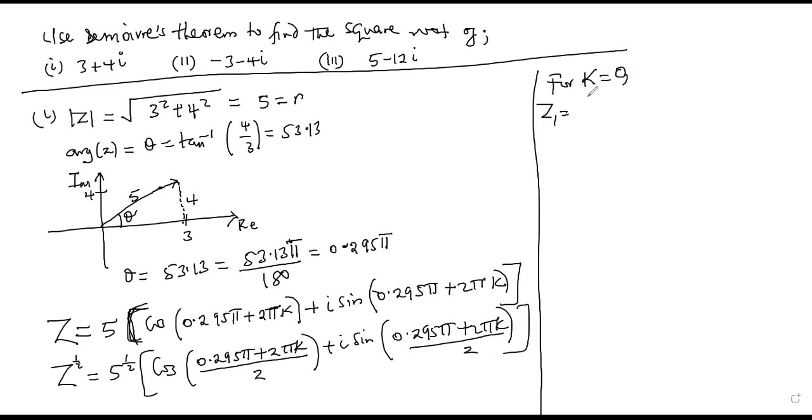So z1 will be equal to 5 to the power a half into cos of 0.295 pi over 2, plus i sine of 0.295 pi out of 2.